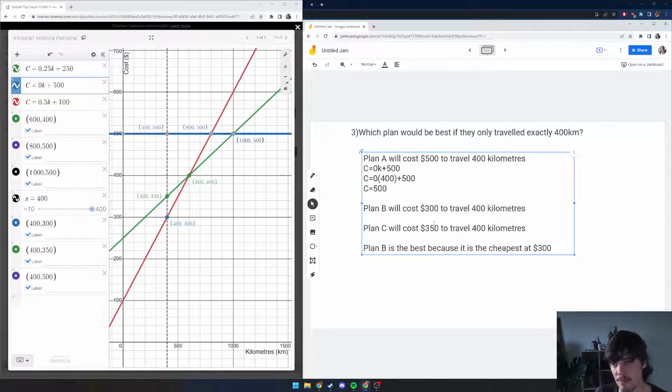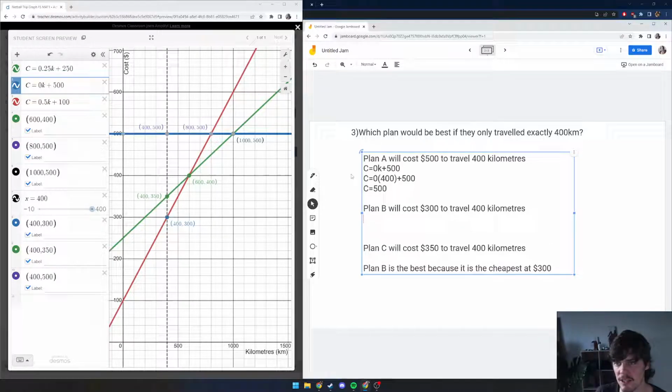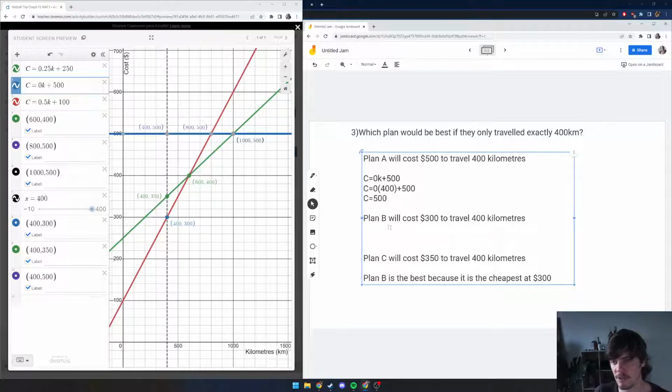Let's have a look at plan B. I won't do plan C because I think it's a bit of a waste of time. To be honest, I want to make this video as short as possible. Plan B's formula is the red one, so it's 0.5k plus 100. So C equals 0.5k plus 100.